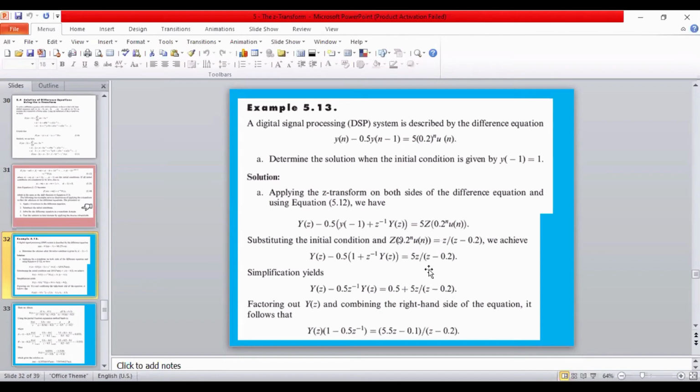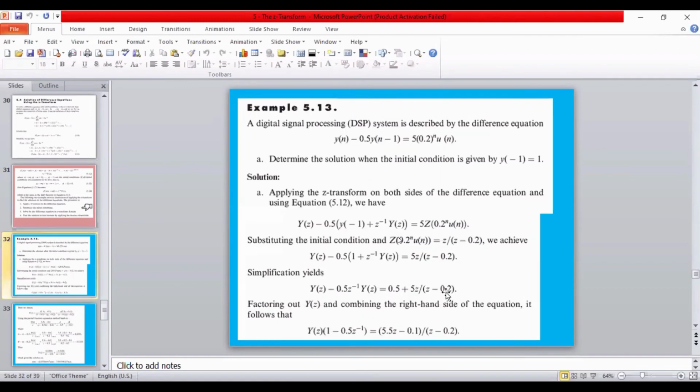That was also a simple procedure. Now what would we do? We need to do some simplification. So we multiply the number 1 by 0.5, this one by 0.5 as well. Now we put things that have Y(z) next to them on the left-hand side, and all the other things go to the right-hand side.